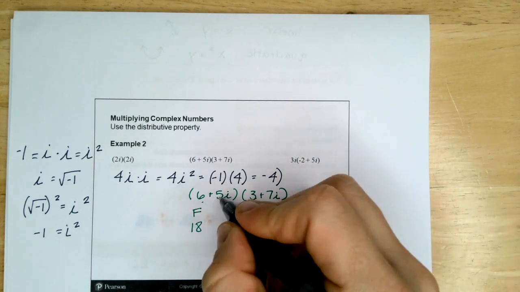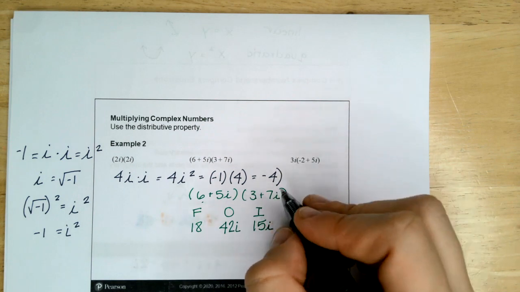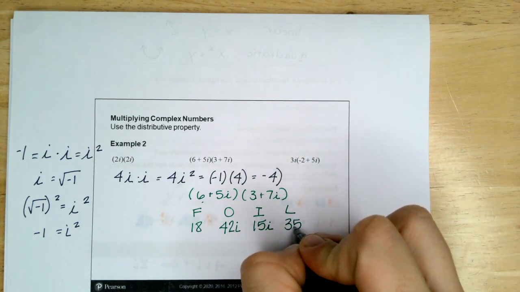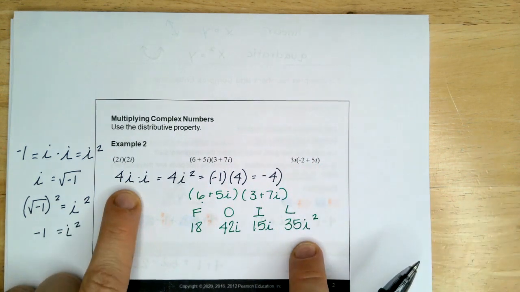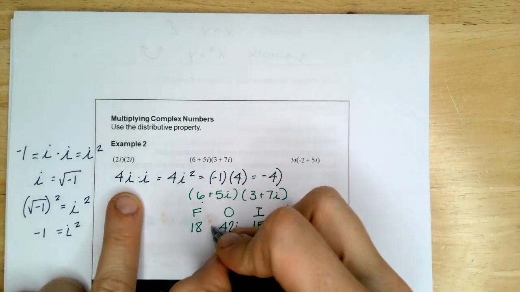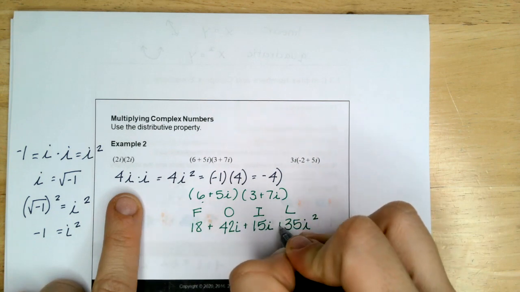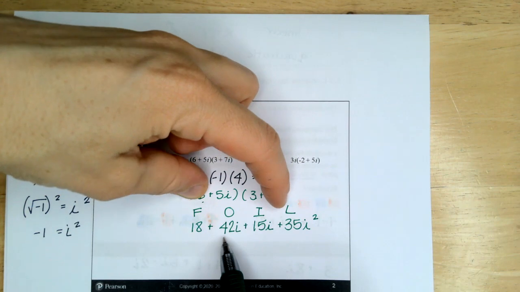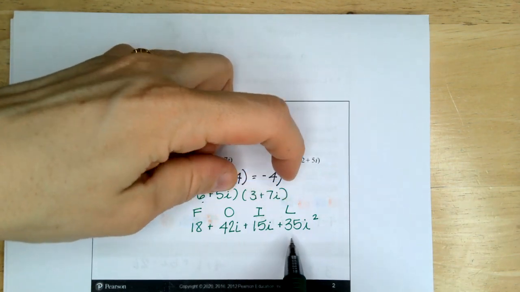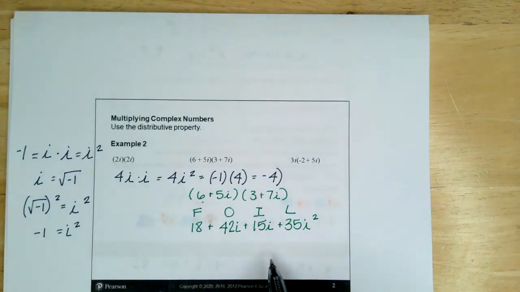And then the L is 5 times 7 is 35. But then i times i is i squared, just like over here it was i squared. They are all positives. So after I FOIL them, it was positive 18, positive 42i, positive 15i, positive 35i squared.